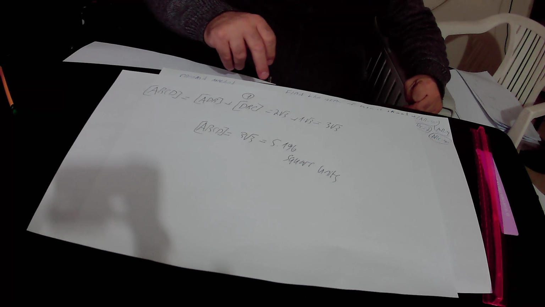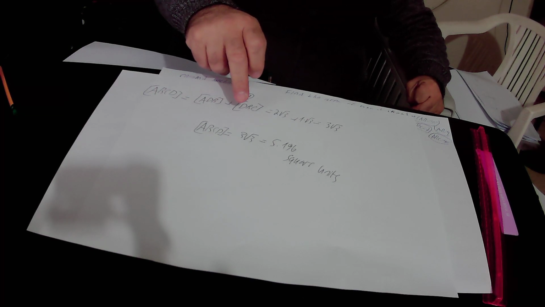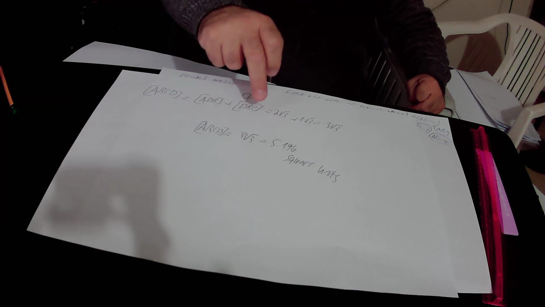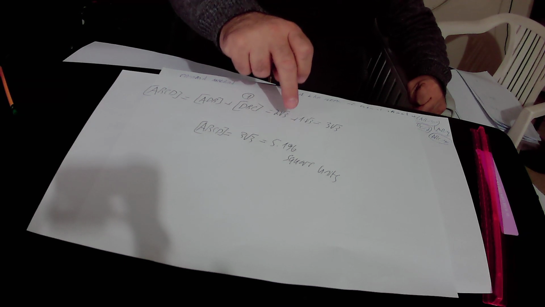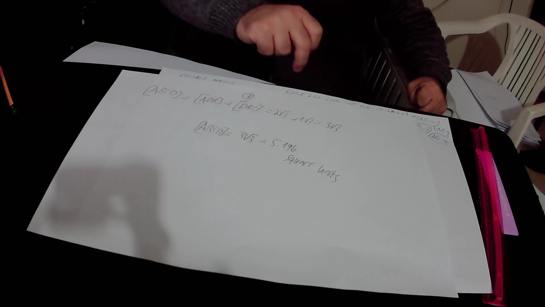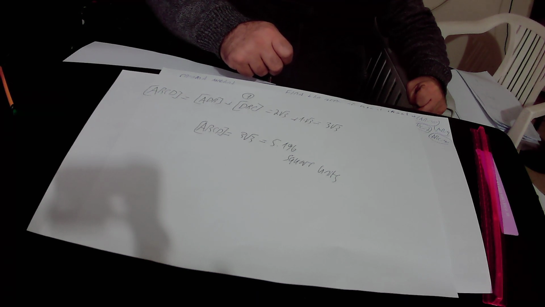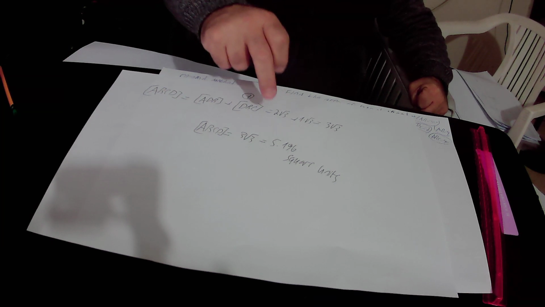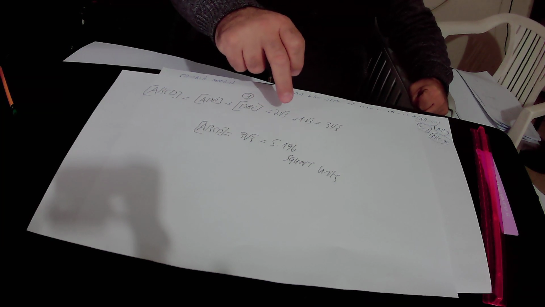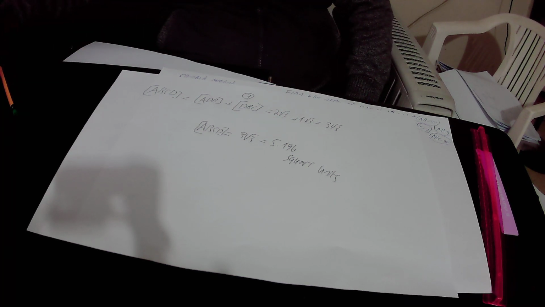So we found out that the area of quadrilateral ABCD, according to the second method, equals 3 times square root of 3 square units, or in terms of numbers, 5.196 square units. So we found out in both methods that the area of quadrilateral ABCD equals 3 times square root of 3 square units, or in terms of numbers, 5.196 square units. Okay, thank you very much.